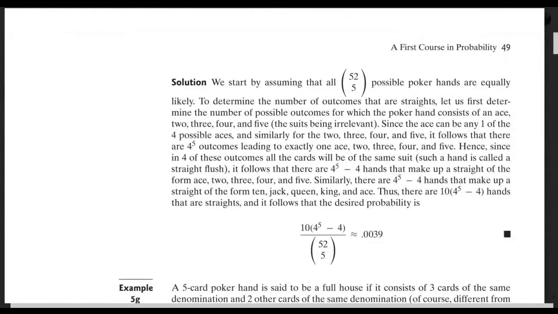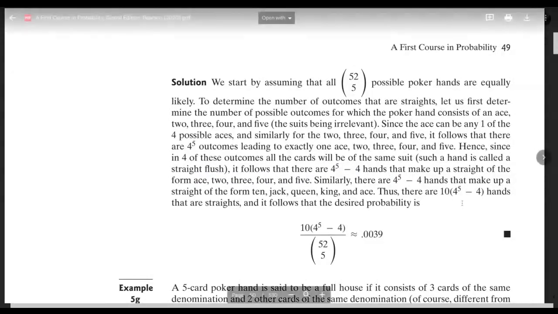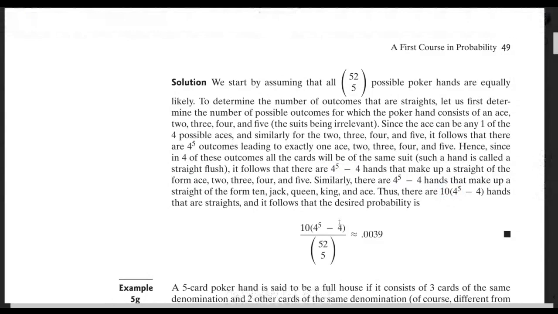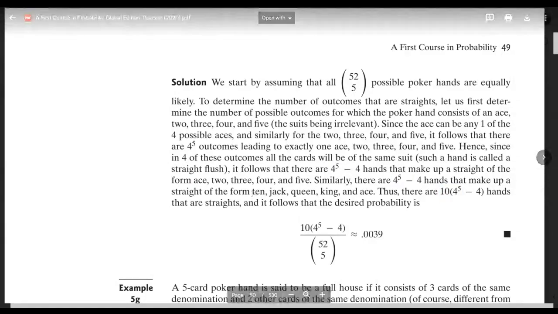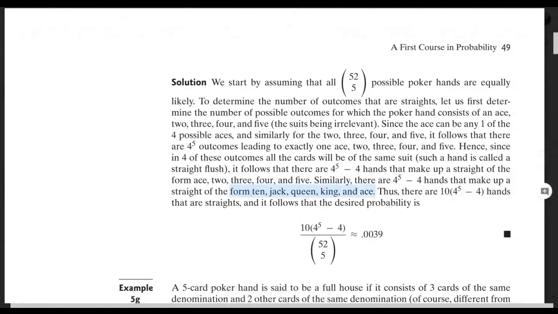Then we can have 2, 3, 4, 5, 6. Then 3, 4, 5, 6, 7. So on and so forth. How many ways? You can count the 10 ways, because the last one is 10, jack, queen, king, ace.